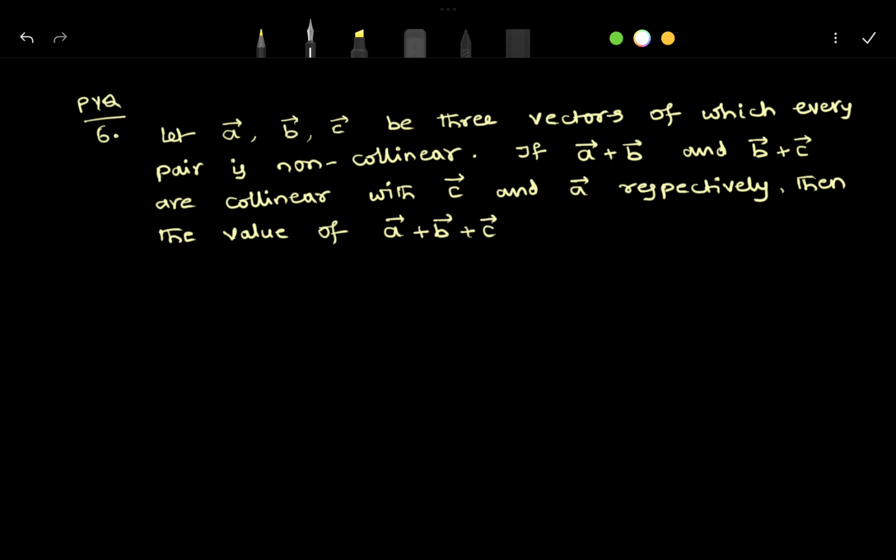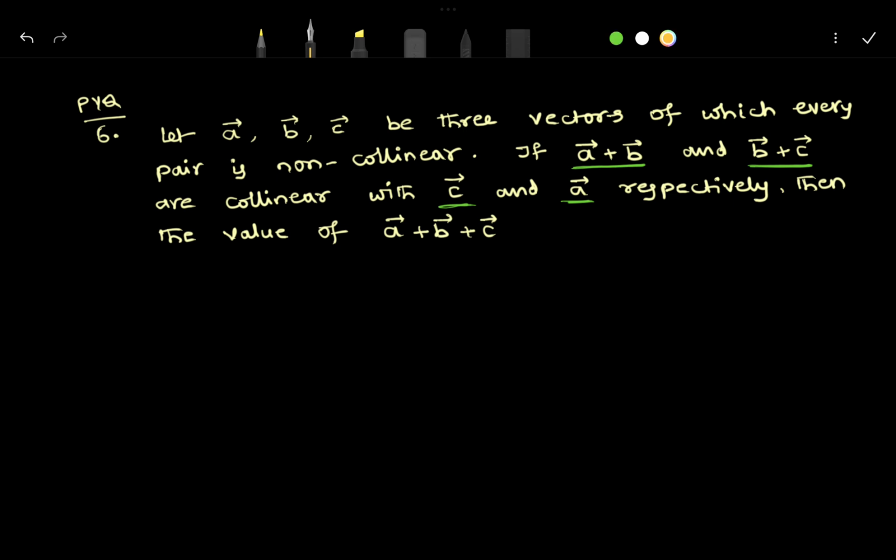If A bar plus B bar and B bar plus C bar are collinear with C bar and A bar respectively, then A plus B is collinear with C bar, and B plus C is collinear with A bar.